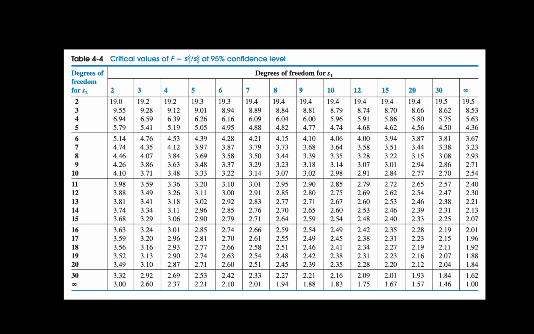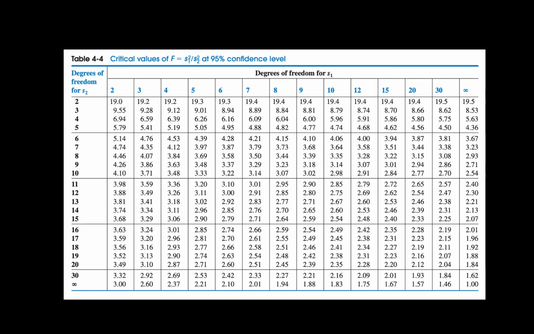For our two sample sets, we choose the column and row degrees of freedom for each one. Since we had the same number in both and we had 10 samples, that means that we have 9 degrees of freedom for each. If we go down to the place where 9 and 9 meet each other, we get that the F tabulated value is 3.18.